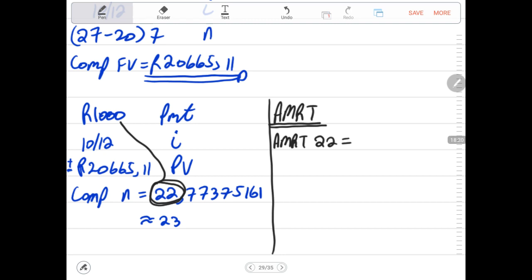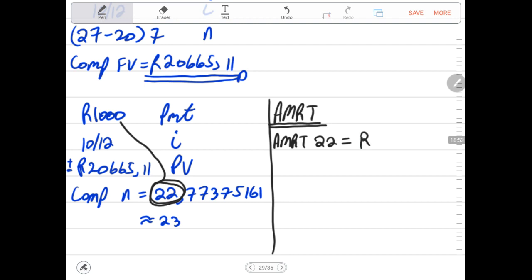Then we say amount 22. We say enter. Previously I said amount 8, and I don't know why I said amount 8. Amount 22, then we say enter, meaning under amount P2 we say 22 and enter. We scroll down. Yes, I was wondering why I was getting a very big amount.